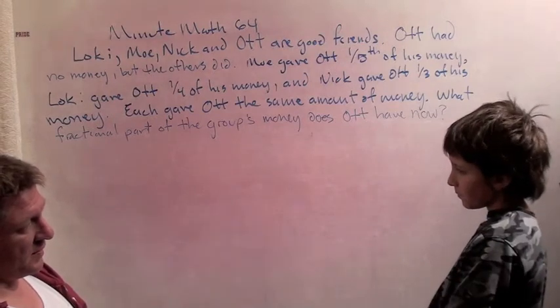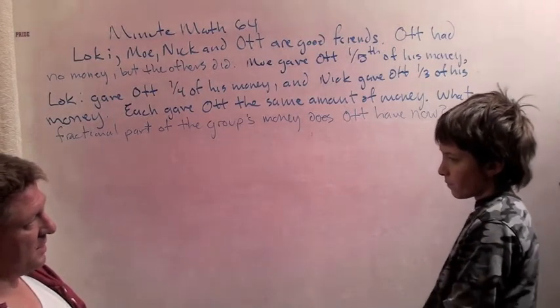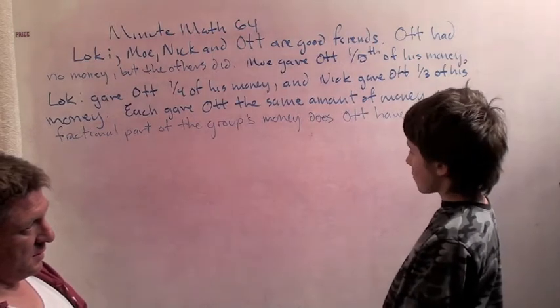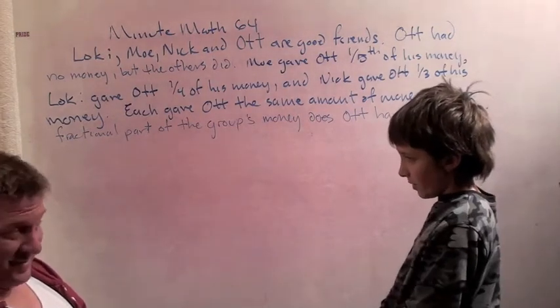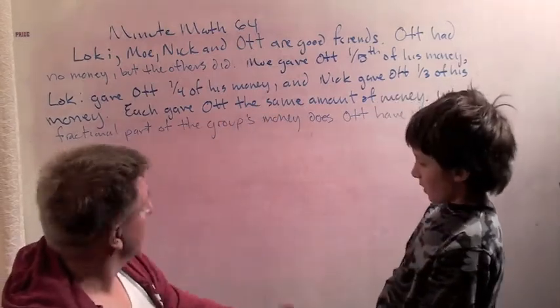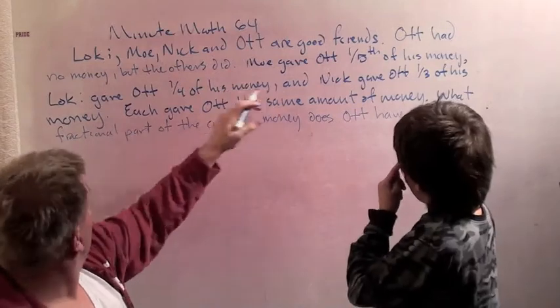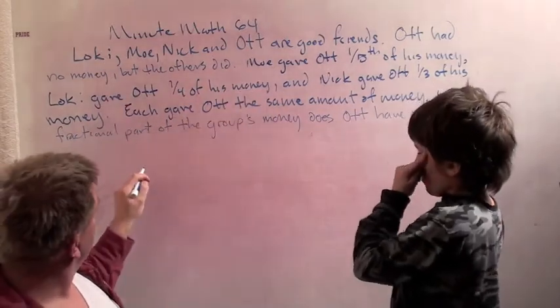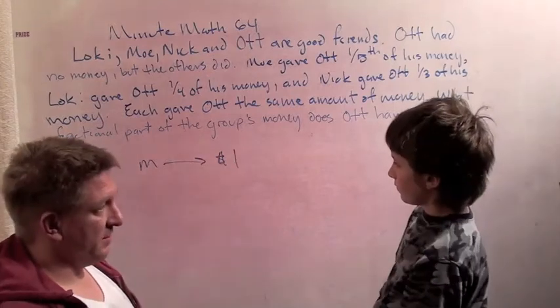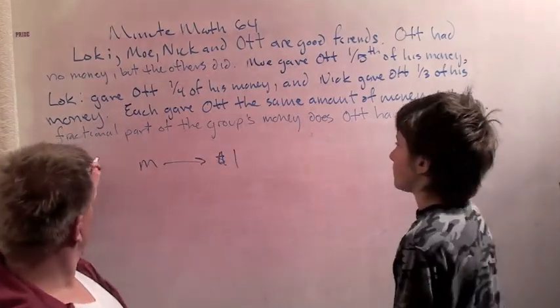Let's just pretend they gave him some amount of money. What would be an easy amount to assume? We could assume $3. Actually, $1. Yeah, let's check what happens if they each gave out $1. Mo gave out 1/5 of his money. So Mo gave $1. How much money did Mo have? Mo had $5.